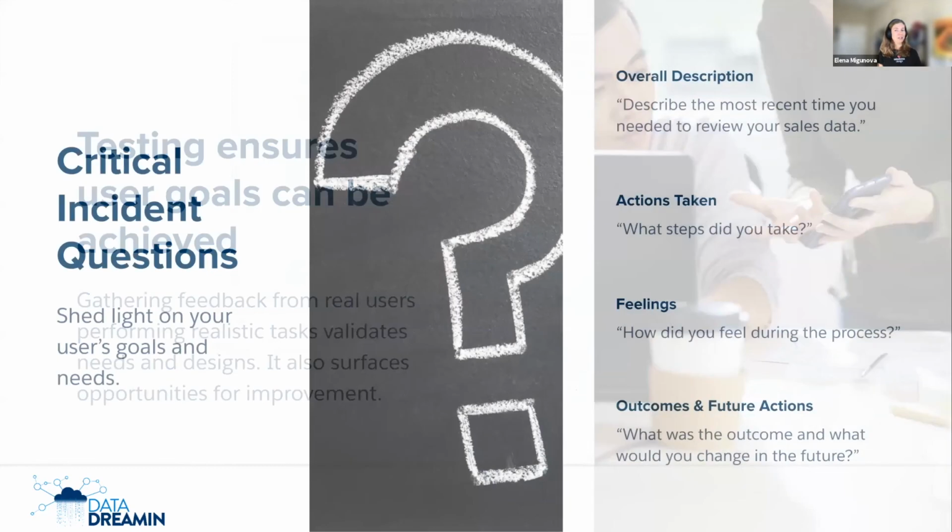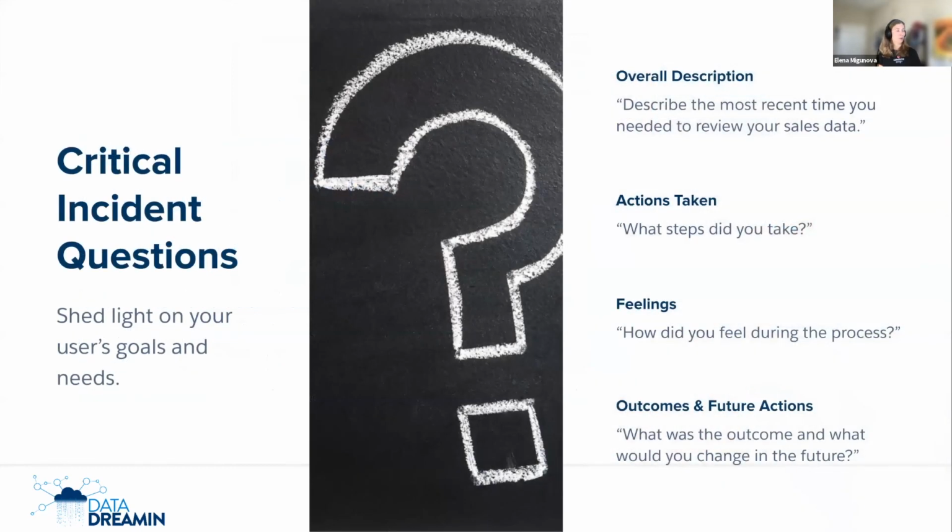There are a few techniques to test your prototype or even just your idea, right? Just sitting down with the user, asking them critical questions, describing a situation that they're in, where they're trying to perform a task, and uncovering all the problems that they may have or the actions that they're taking, so that it can help you understand what needs to be present in your product.